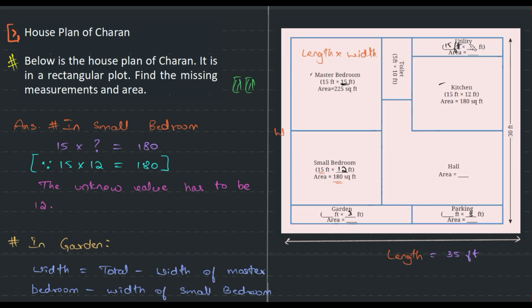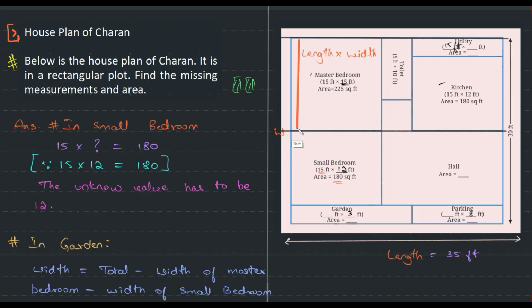Actually, you can figure out the width as well of the utility. Look at it. How can we do it? Along this length and along from here to here, we know the width.